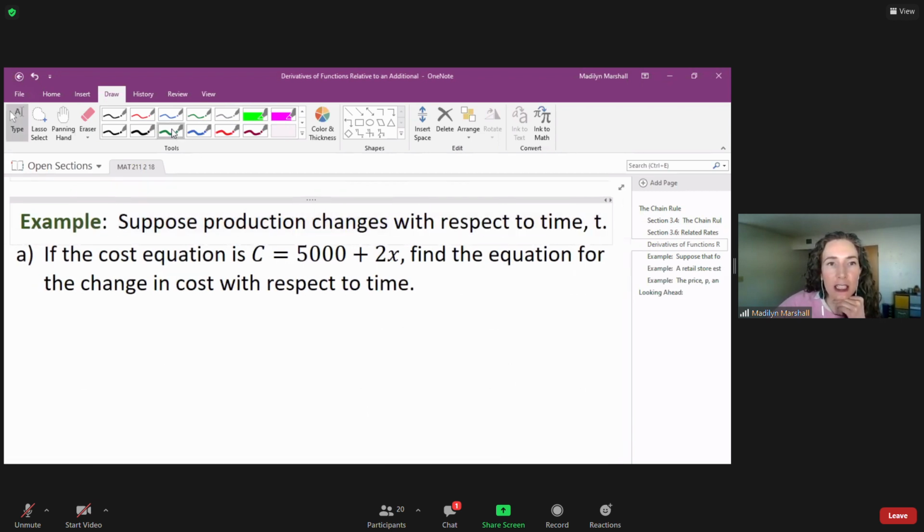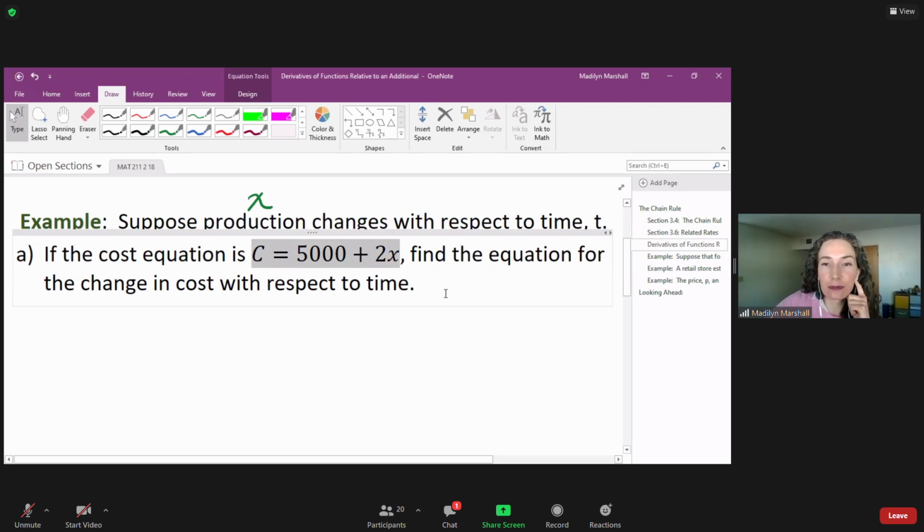So production is x. That's the number of units that we are producing. So we have, if the cost equation is this, we want to find the equation for the change in cost with respect to time.